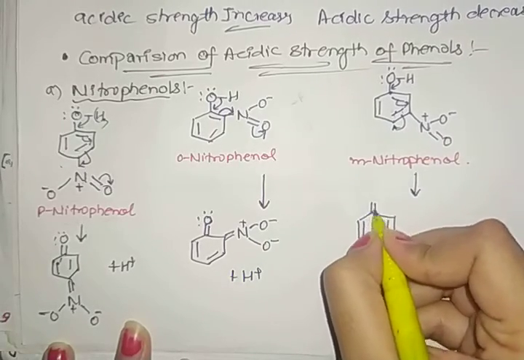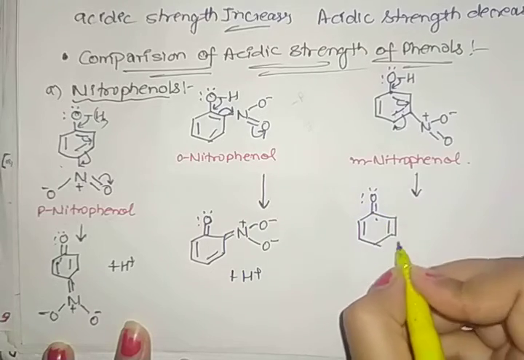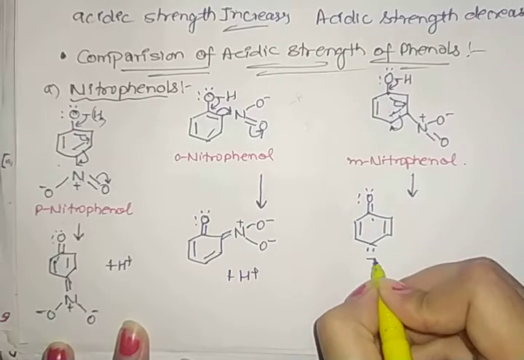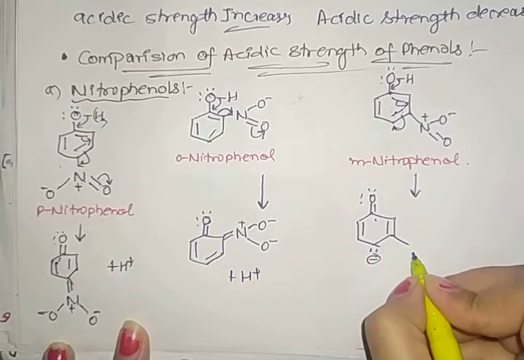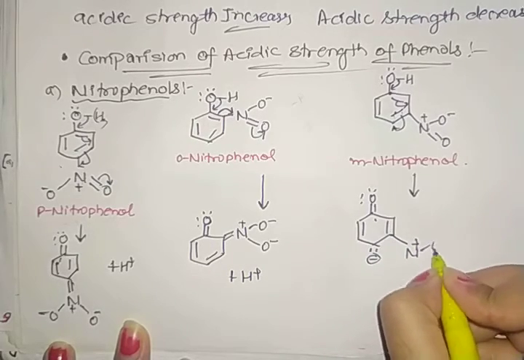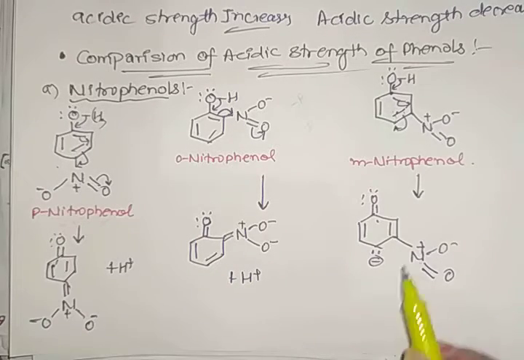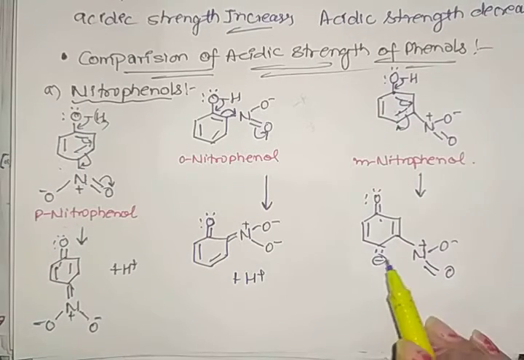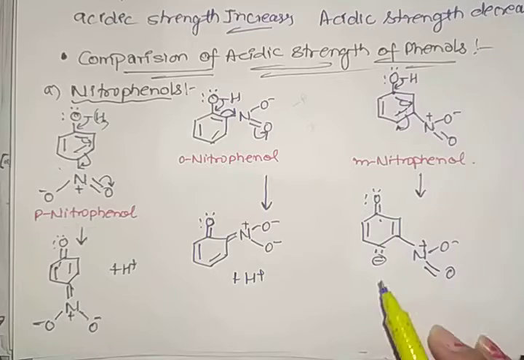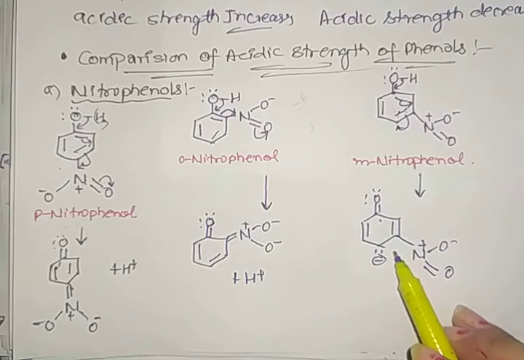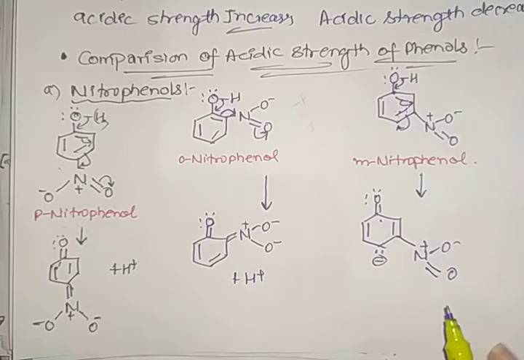Here we have a double bond. Now the electron comes to this position, because this is the meta position, and in the meta position there is no conjugation, which means no shuffling of electrons takes place in the meta position. Remember that.